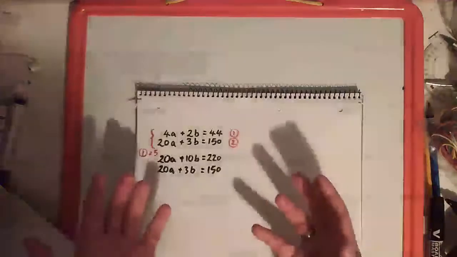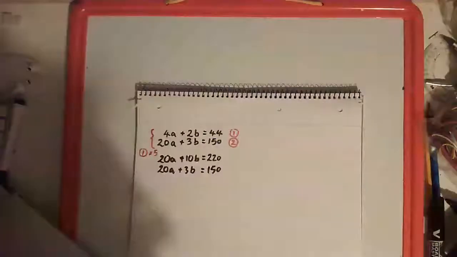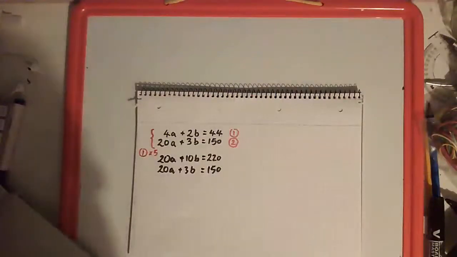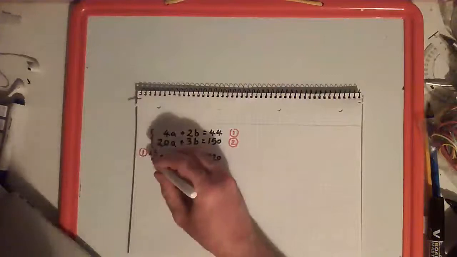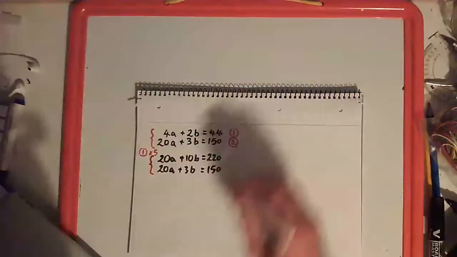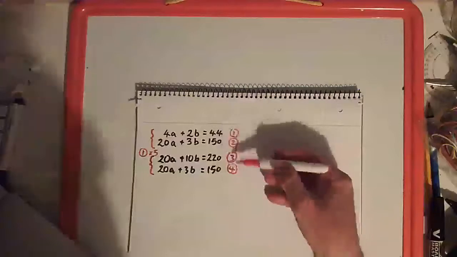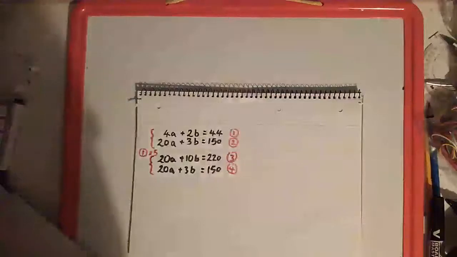Multiplying both sides is a valid thing to do because an equation is like a balance. As long as you do the same thing to the left as you do to the right, the thing still balances, so it's still true. So anyway, I've got a pair of equations now, and I'm going to label them 3 and 4, even though 4 is just the same as it was before when it was 2.